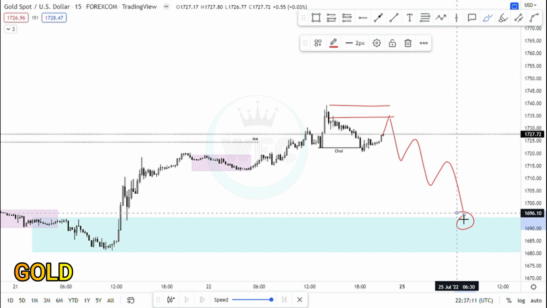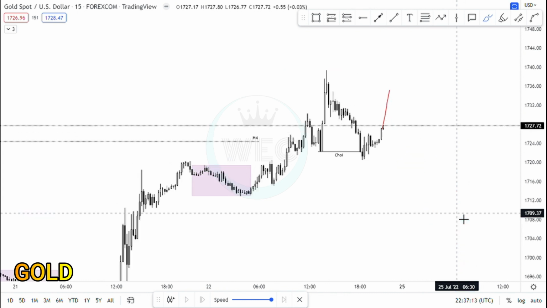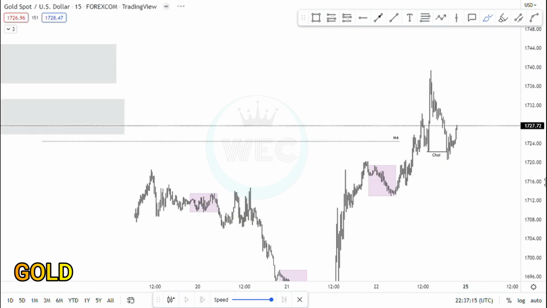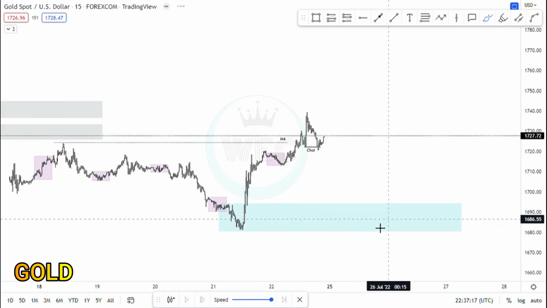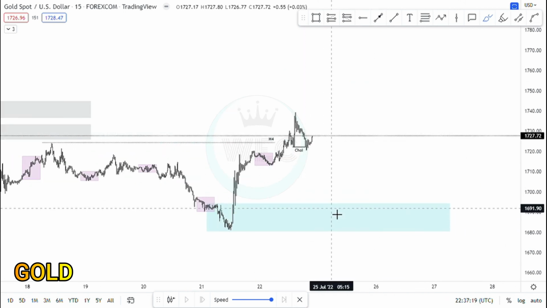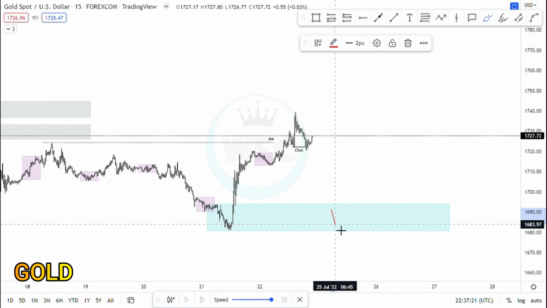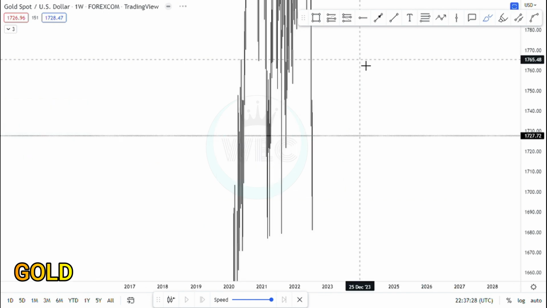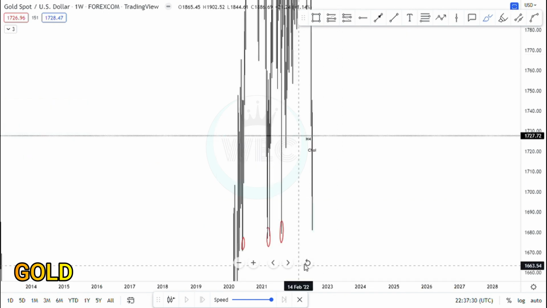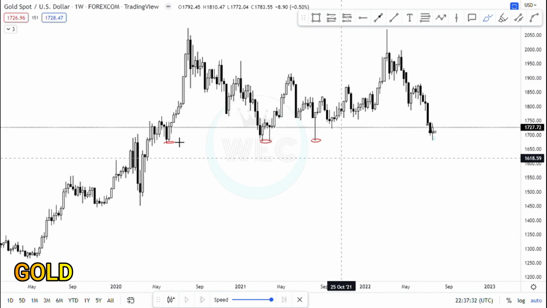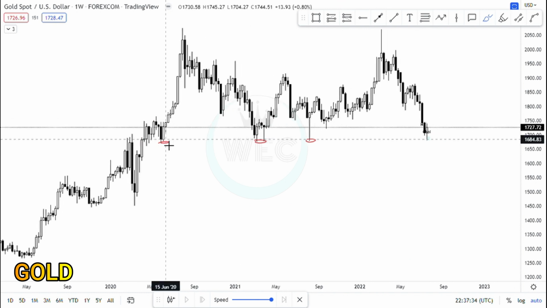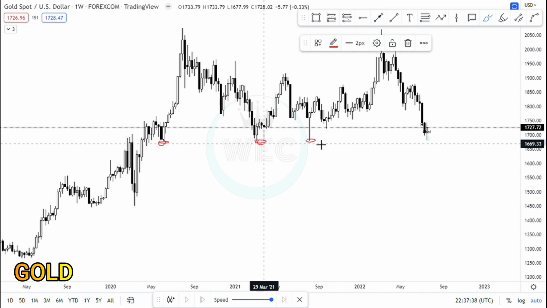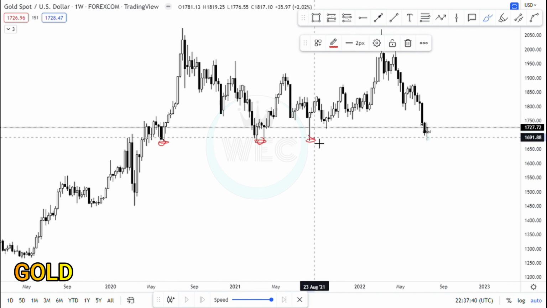Okay, but another thing here that has to do with the H4 demand that I'm looking at, right? In as much as we are looking at this level as an H4 demand to continue with the push to the upside, there is something that I need to show you on the weekly time frame, right? So here on the weekly time frame, you're going to see this. You can see that I've already circled this. We have all these lows in here, and they've sort of built some equal lows in here, right?